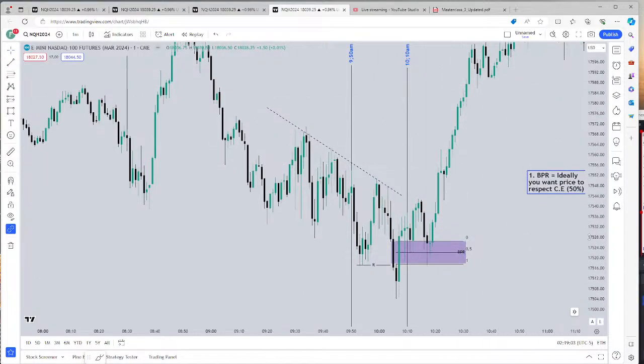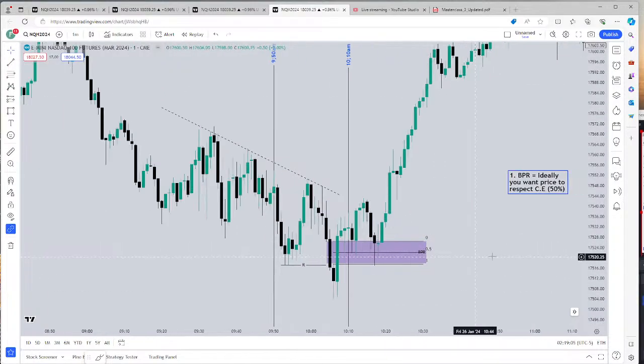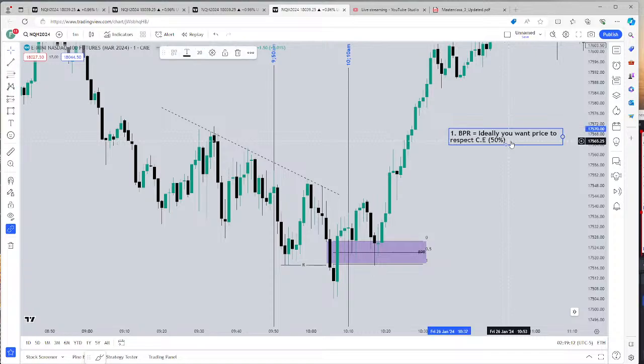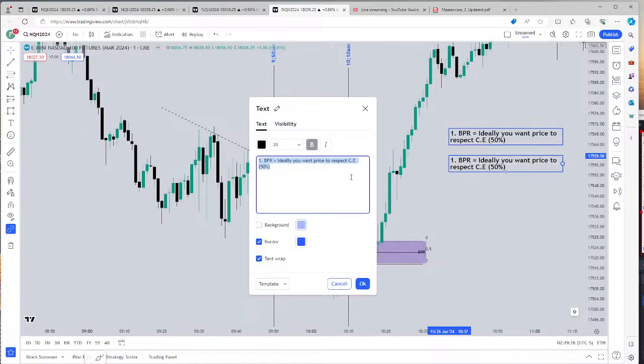So there's a BPR. Now I'm going to write something else here too. This is food for thought. If you made it this far, I appreciate it. This is something else that's important, and it applies to any PD array, by the way. Look for a raid.